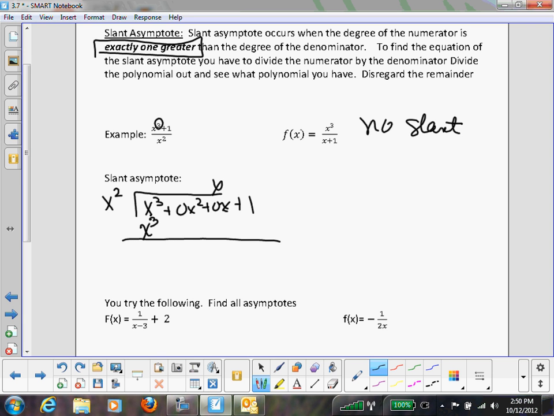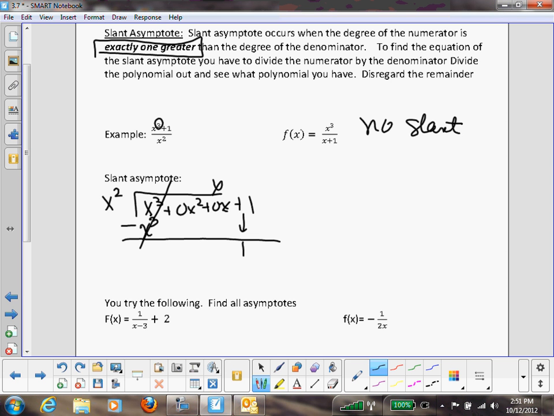And what do we do when we divide? We subtract, don't we? We subtract every term, however many terms there are. In this case, there's just 1. And if we've done it right, the first term should drop out. It doesn't do me any good to bring down these 0x's, but I can bring down a 1. So x squared times what is 1? Well, that's your remainder, isn't it?